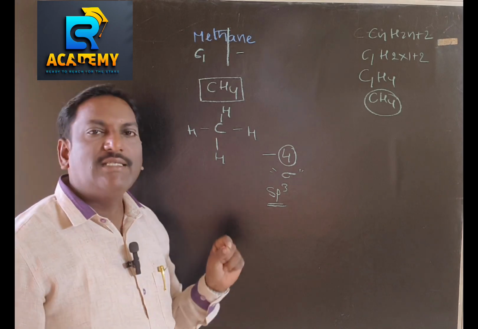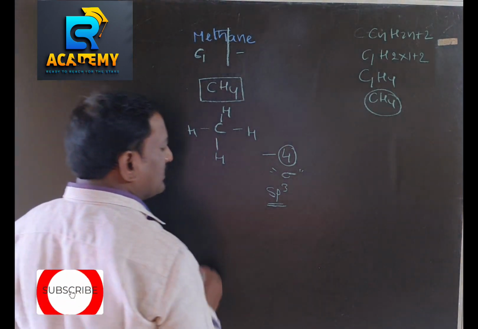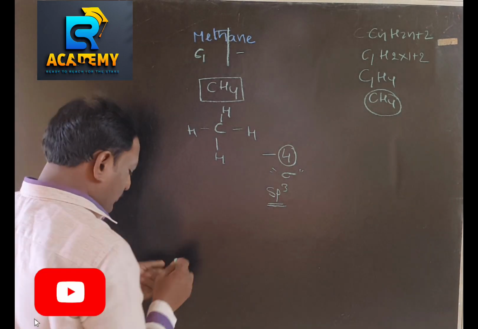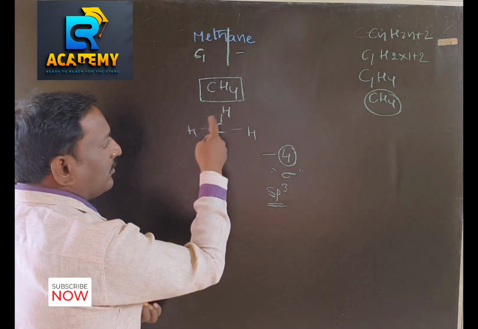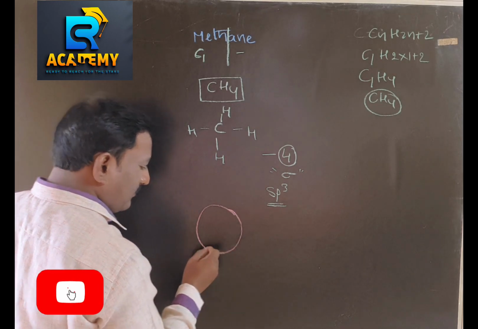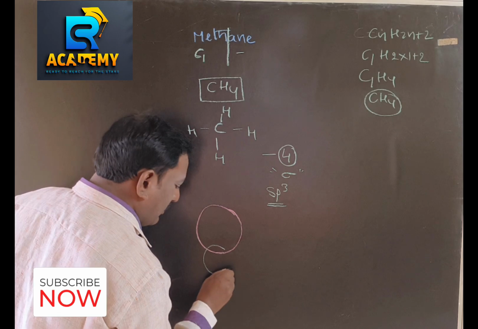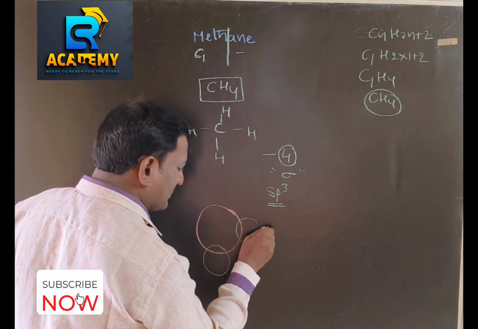Next one is the Lewis dot structure of methane. So we require one main circle for carbon and four small circles for hydrogens.